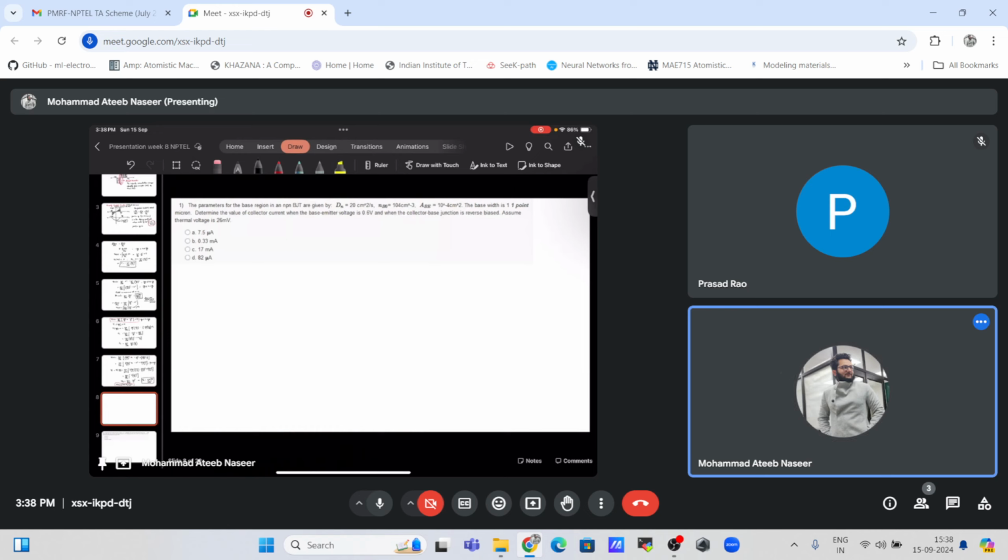Now there will be different components of the current. Considering the forward biased base-emitter junction, let's say for an NPN transistor, the electrons will diffuse from the emitter into the base, and from the base they will move to the collector.